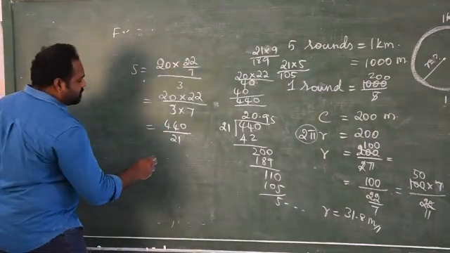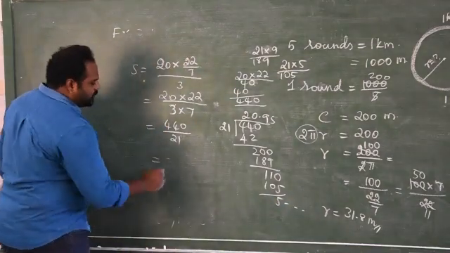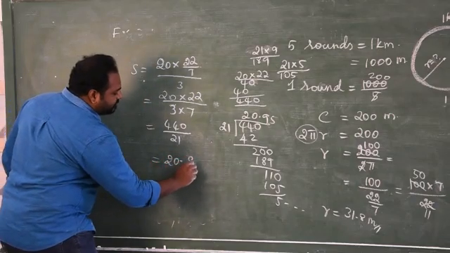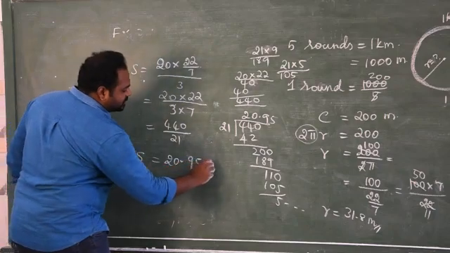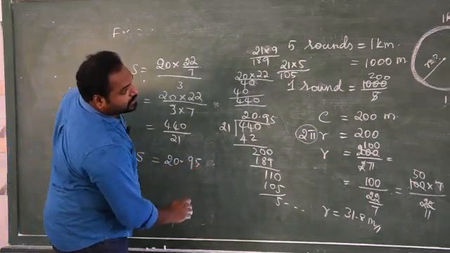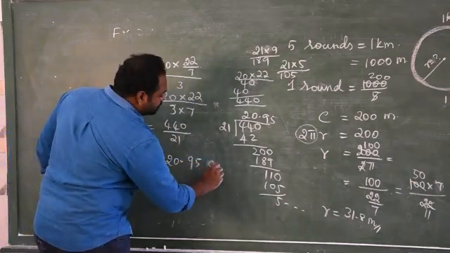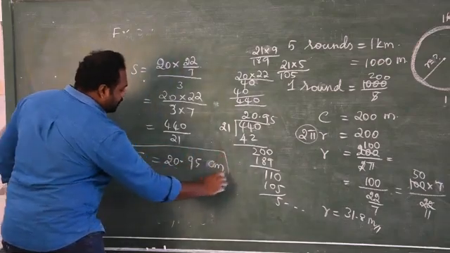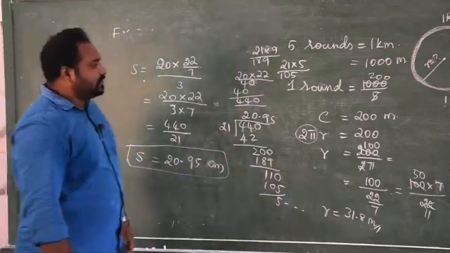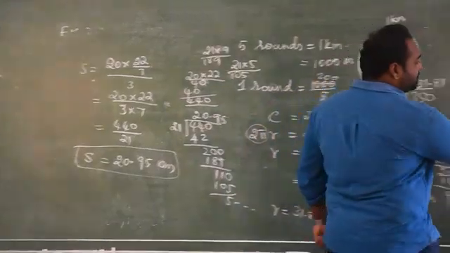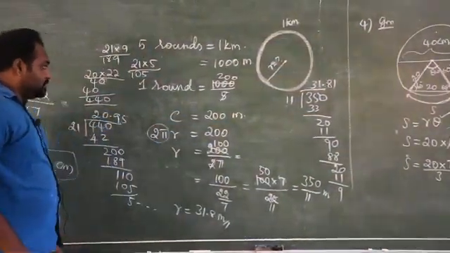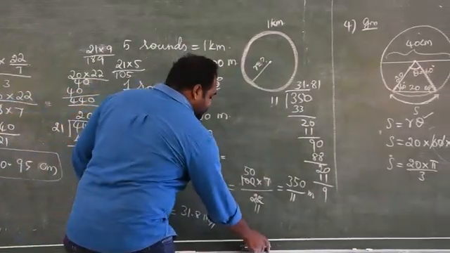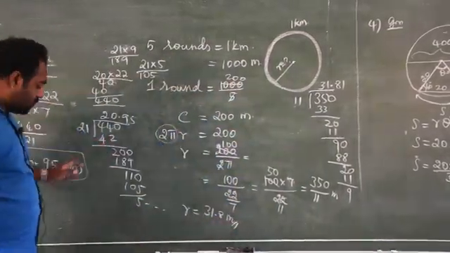So we can stop this value and write the answer. 20.95 is the sector length. It's given in centimeters. So 20.95 is the value of this minor length. So by this, problem number 4 is over.